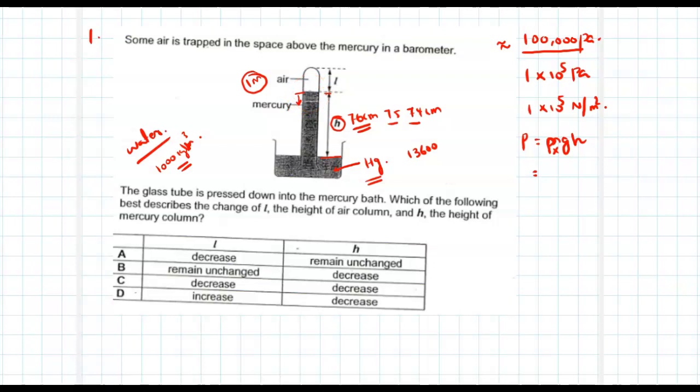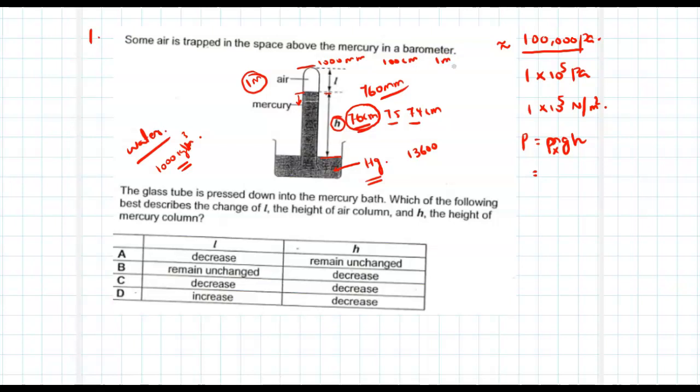We need a really big density so we can reduce the height column. The maximum 76 centimeters or 760 millimeters is enough, so we take a 1000 millimeter, or 100 centimeter, or 1 meter glass tube.